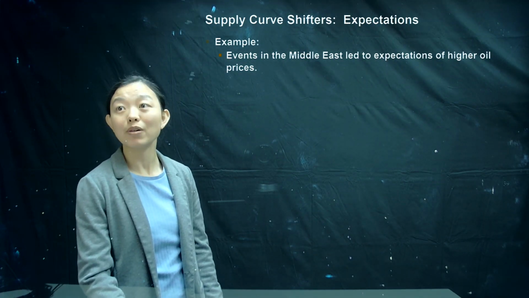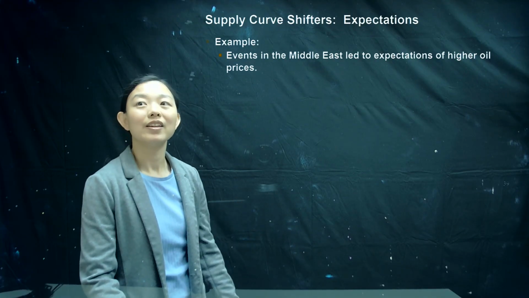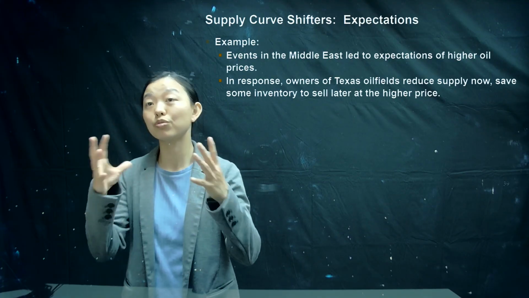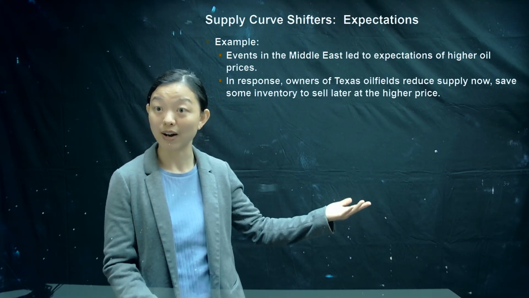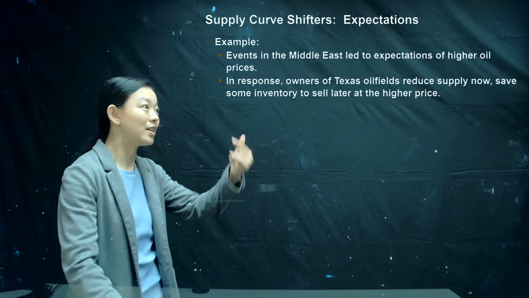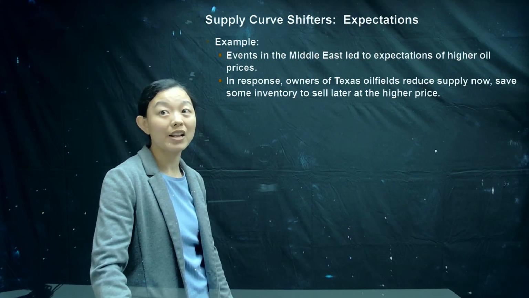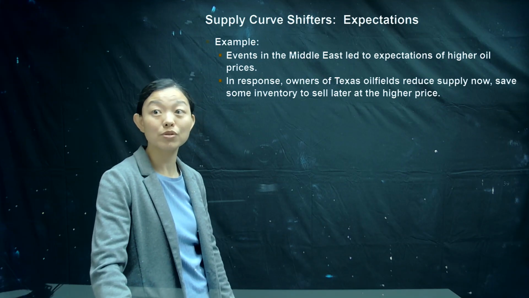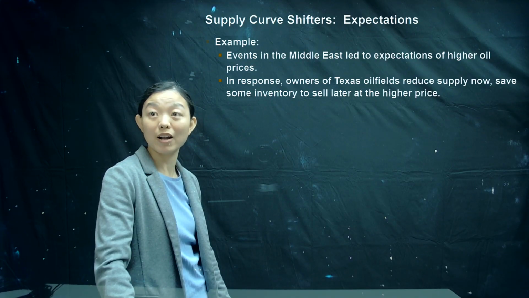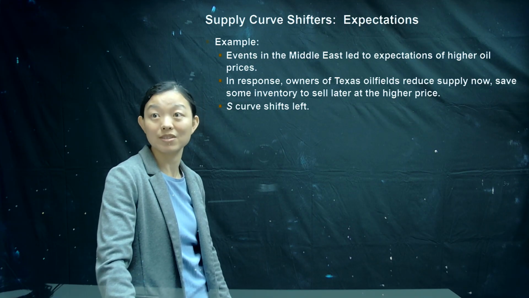If sellers of crude oil notice this, they would cut down the current crude oil supply and put the crude oil into inventory and sell it in the future for a higher price. So in response, owners of Texas oil fields will reduce the supply currently, save their crude oil in inventory, and maybe sell it at a higher price in the future. That will shift the supply curve of crude oil to the left hand side.